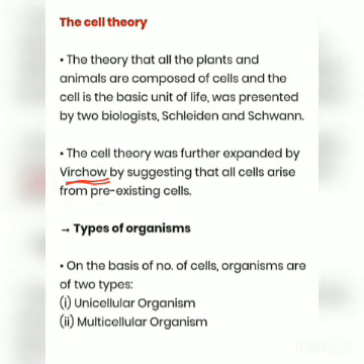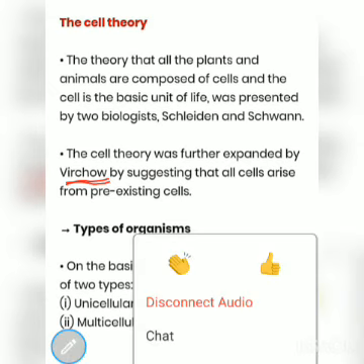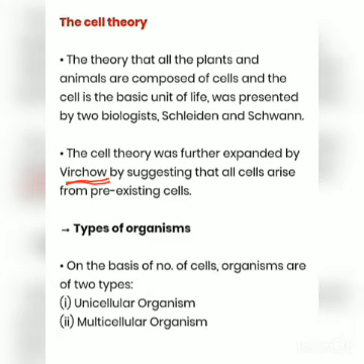Now come towards the next point of our discussion, that is types of organism. Generally there are two types of organism: unicellular organism and multicellular organism. The unicellular organisms are made up of only a single cell. Initially I said the smallest microorganism is mycoplasma, and its size is 0.3 micron.